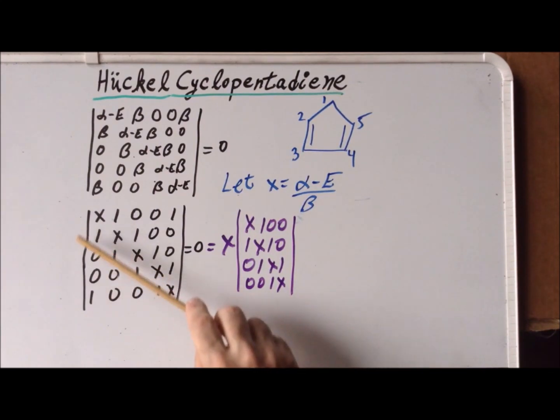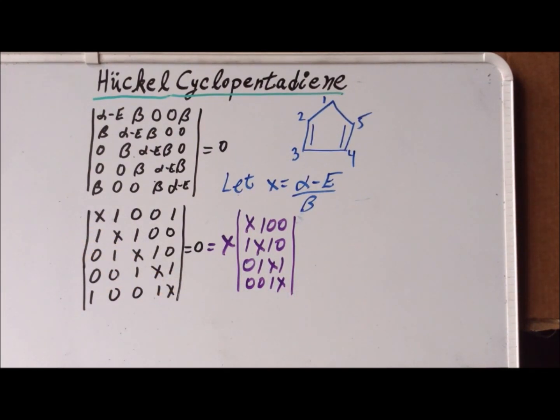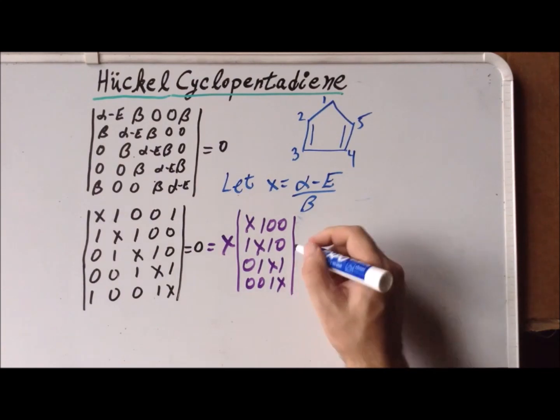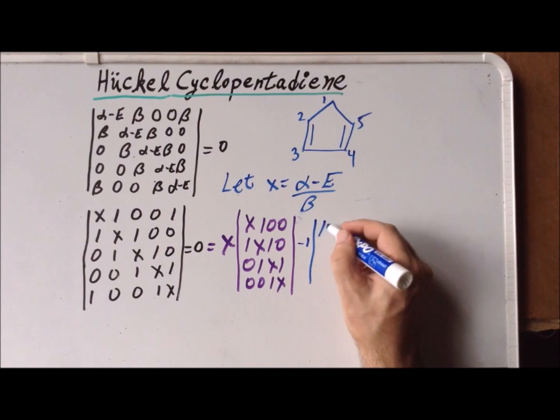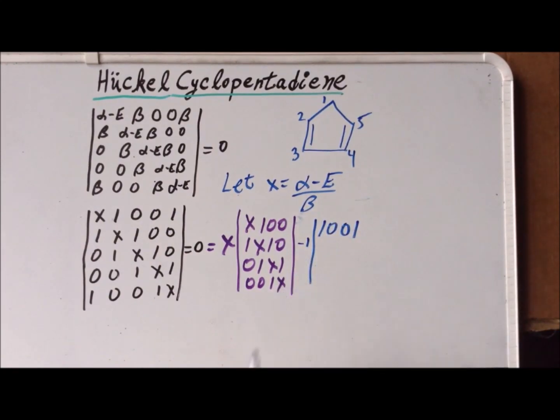And recall that we alternate signs so that we need a minus 1 for this particular term. And again, we get the determinant that removes the second row and the first column.